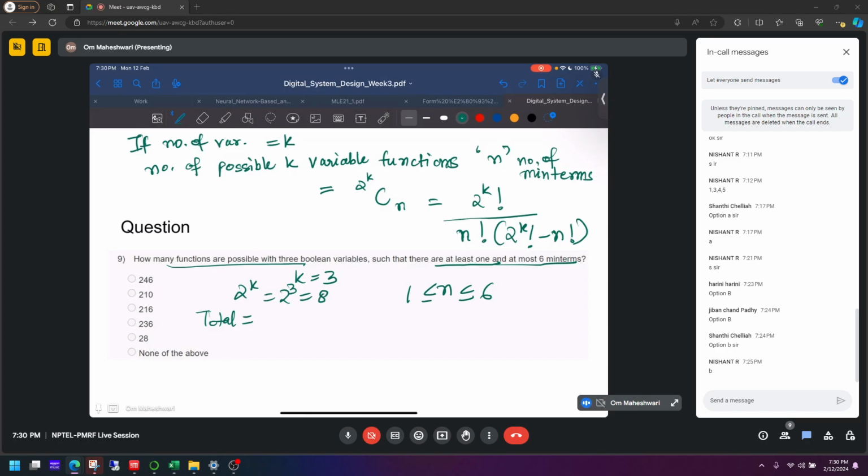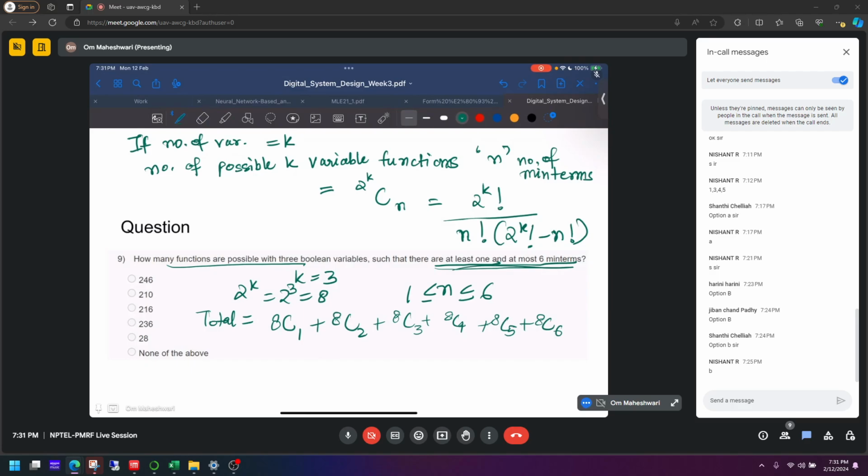So the total will be 8C1 plus 8C2 plus 8C3 plus 8C4 plus 8C5 plus 8C6, right? These are the required number of minterms.